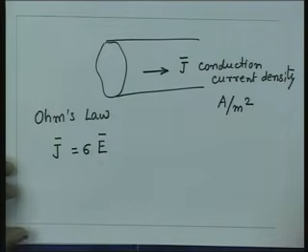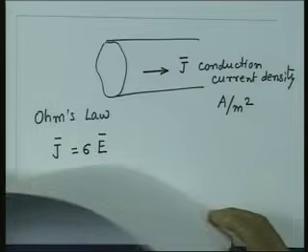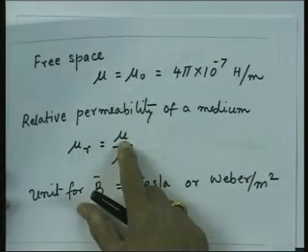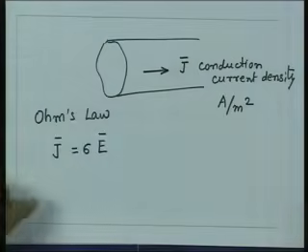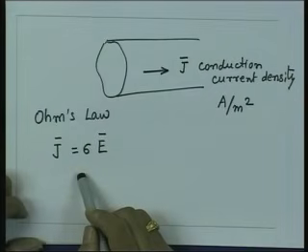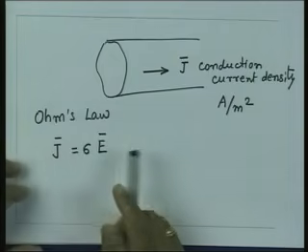Again, in both the cases, as we saw in the previous case, the relative permeability of the medium mu r and the conductivity of the medium sigma in general could be 3x3 matrices.